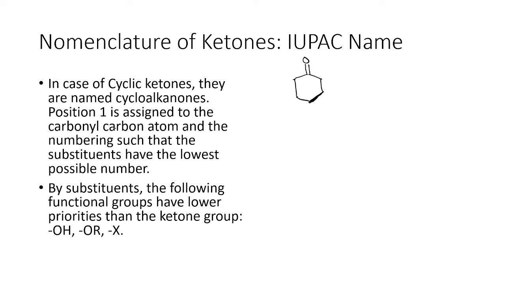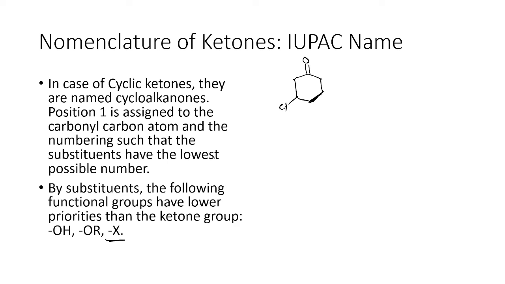And the numbering is such that the substituents have the lowest possible number. So, halimbawa, meron ka ritong chlorine. Sorry, paborito ko talaga yung chlorine. Bakit? Because, again, we will be using this ranking system, and by substituents, the following functional groups have lower priorities than our ketone group.